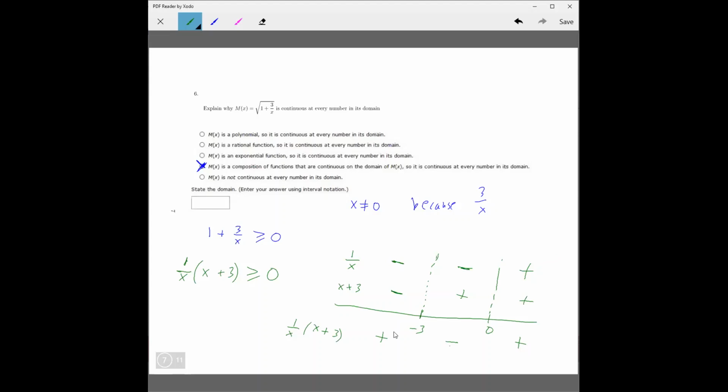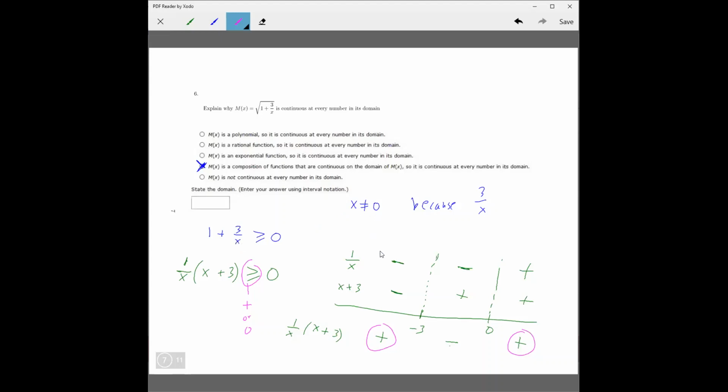Okay, so that means that the domain is where this is positive or 0. So you're going to do this one and that one. But you're excluding 0 already because that makes this denominator 0.